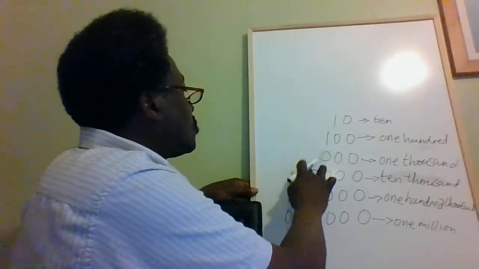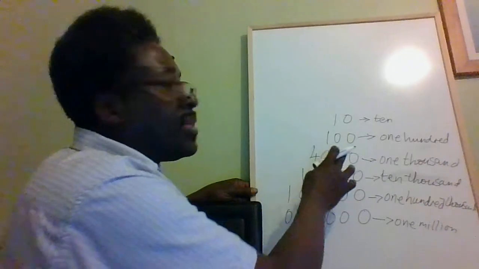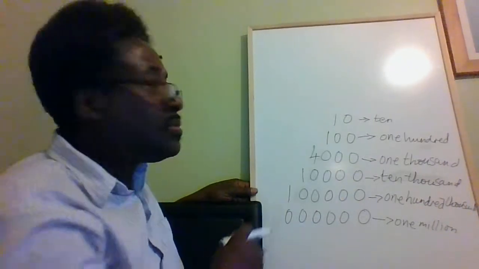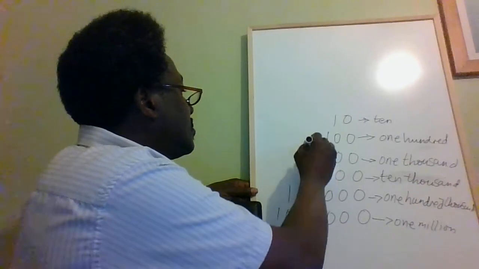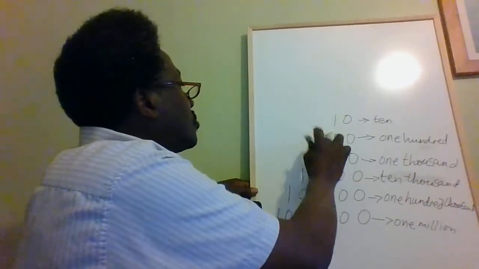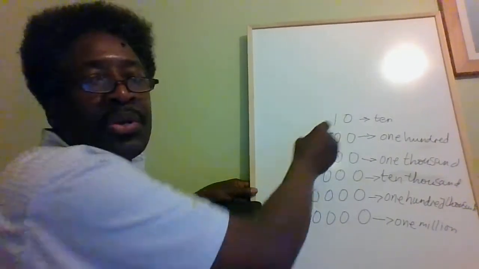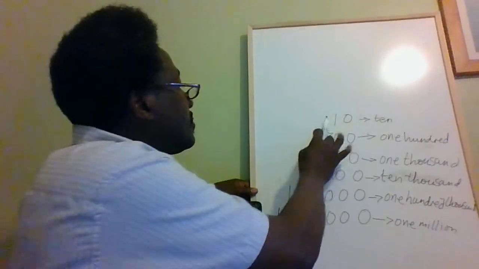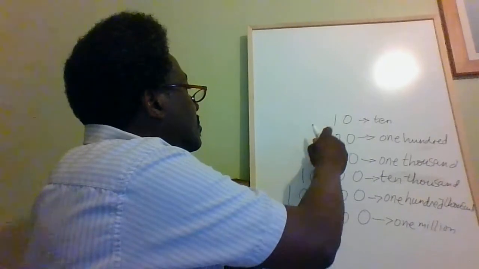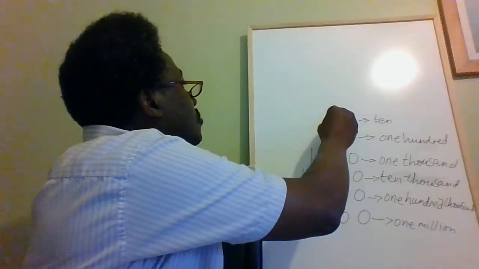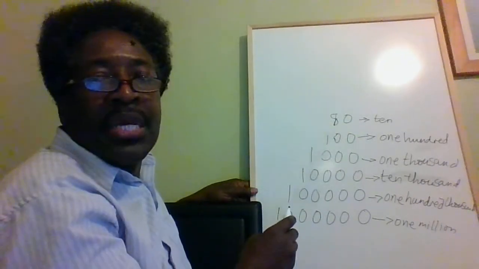If I change this to 4, that becomes 4,000. If I change this to 7, that becomes 700. If I change this to 8, that becomes 80.